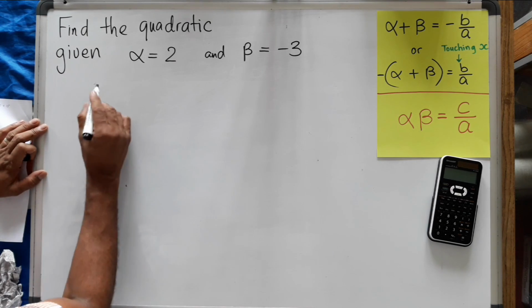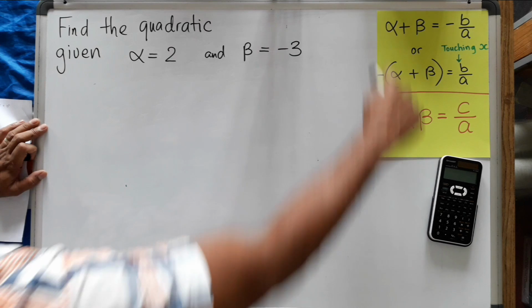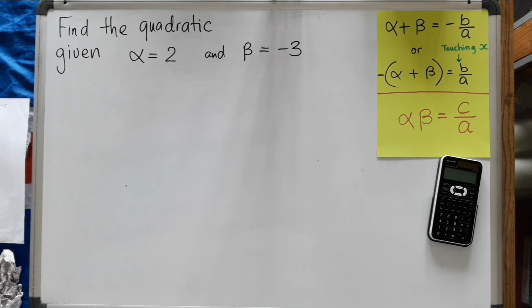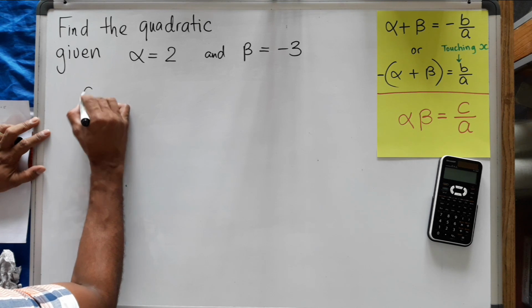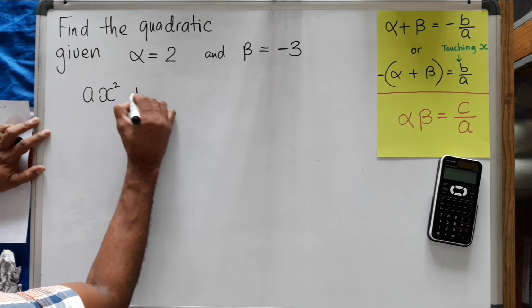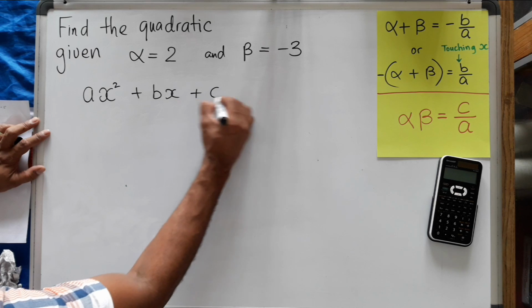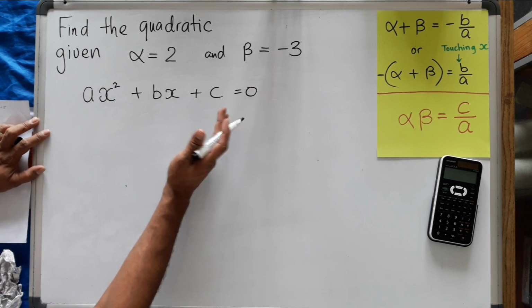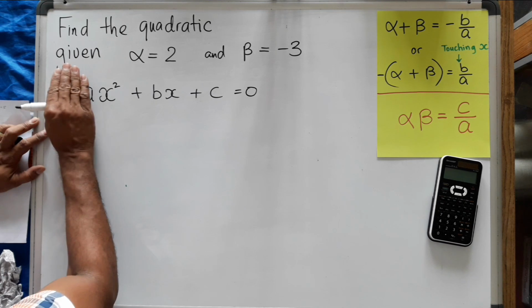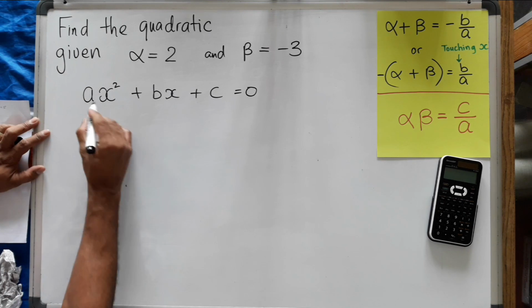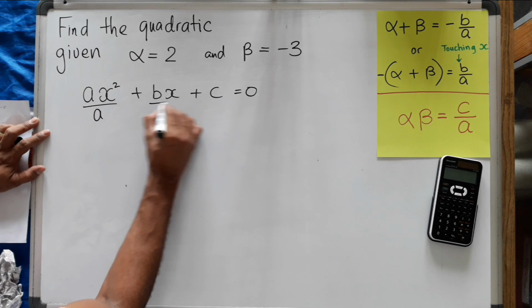So, in case you can't remember, these formulas only work when the number touching x squared is 1. So, that means if you have the quadratic ax squared plus bx plus c, which is the general format of a quadratic, these formulas will not work unless the number touching x squared is 1. So we have to divide out throughout by a.